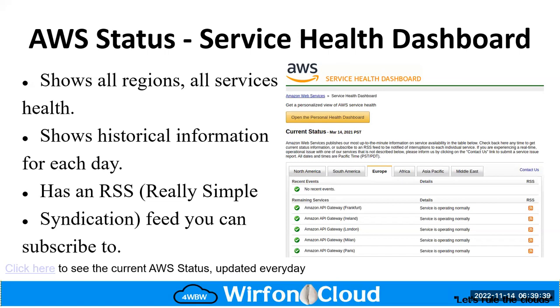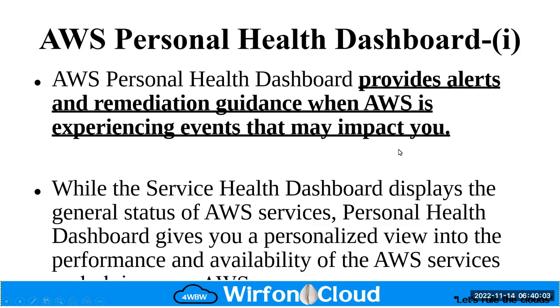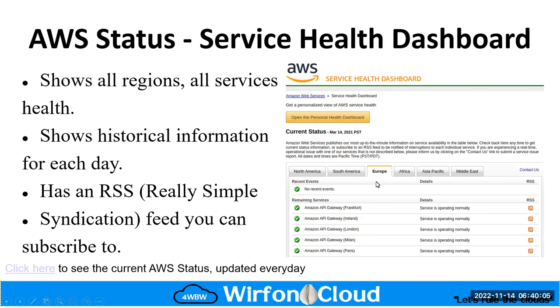So we have the AWS status service health dashboard. This service health dashboard shows all regions and all services health. So you see it shows what is happening in the regions. And this is a picture of what the service health dashboard looks like. So you have North America, for example.